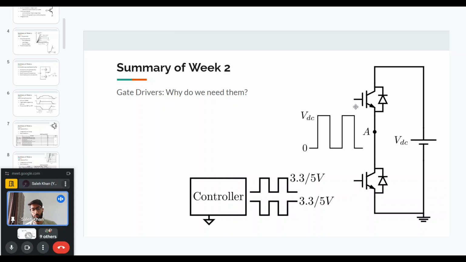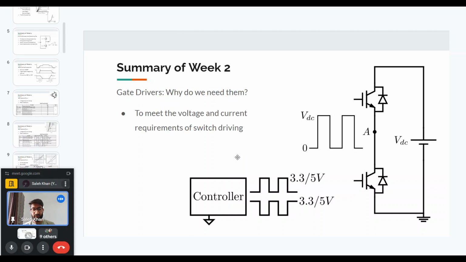As we see, we cannot directly use the controller, because it provides both for the low side and the high side just 0 to 3.3. It will not take care of this floating emitter. And another thing that can be an issue is we not only want positive voltage, we also want negative voltage during the off time. So that is why we need some kind of amplification, signal conditioning between our actual devices and the controller.